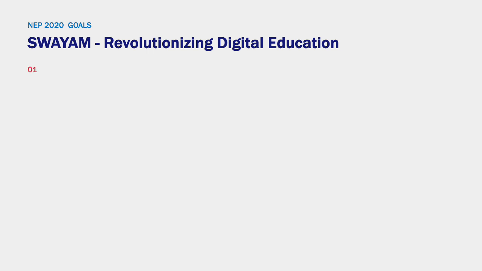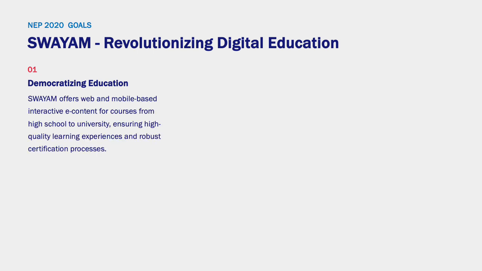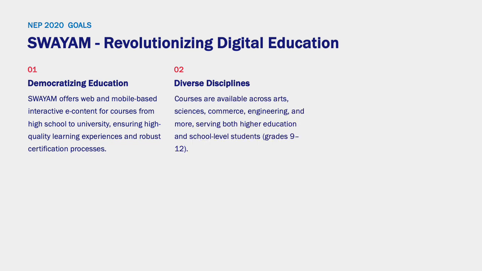Swayam is responsible for revolutionizing digital education, democratizing education. It offers web and mobile-based interactive e-content for courses from high school to university, ensuring high-quality learning experiences and robust certification processes. Diverse disciplines. Courses are available across arts, sciences, commerce, engineering, and more, serving both higher education and school-level students.